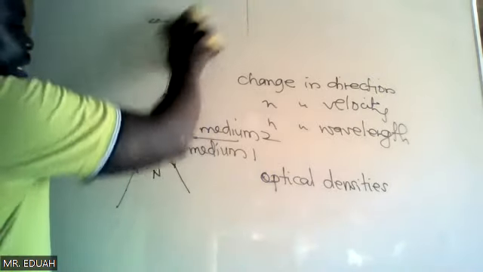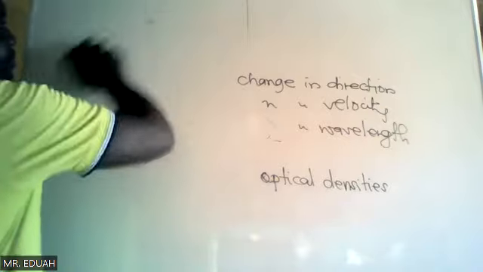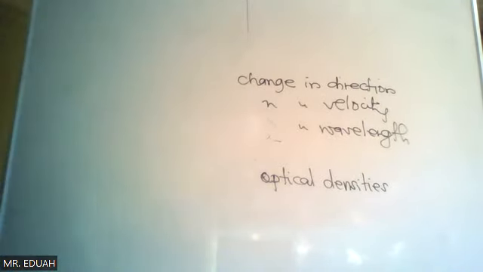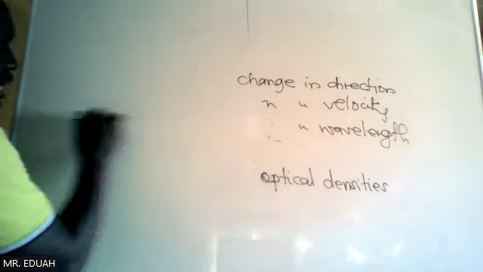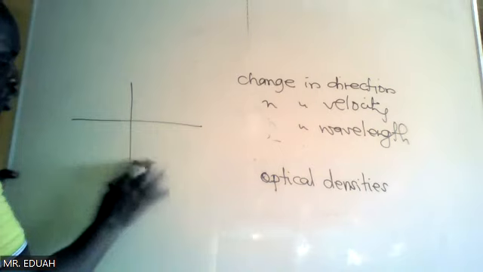Now in experiment and then in theory, whenever light passes from one medium to another, this is a normal.